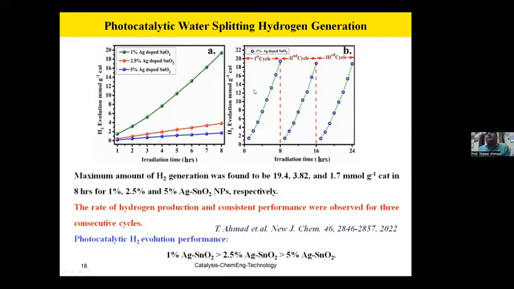We also did the cyclability test, which shows consistent performance over 3 consecutive cycles. We were able to obtain a stable rate of hydrogen production with the silver doped SnO2 nanoparticles. And we found that 1% silver doping provides a synergistic effect as compared to 2.5 and 5% silver doping over SnO2 particles.